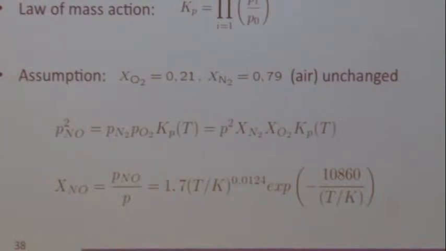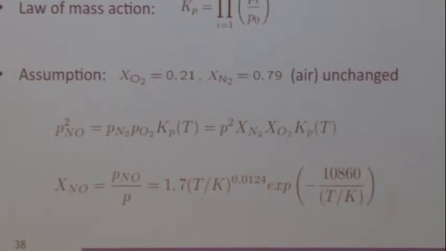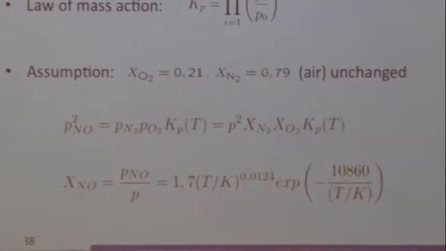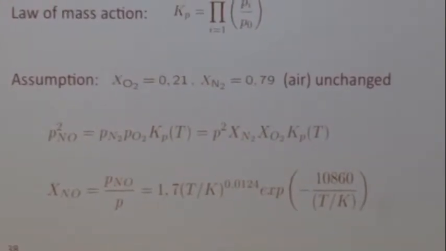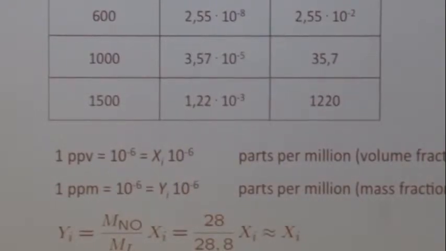And you see it has a very weak temperature dependence here, but a strong temperature dependence here. There's an apparent activation energy, or activation temperature, of 10,000 Kelvin. Everyone knows NO formation has a high activation energy. This is not the kinetic activation energy. This is something that looks like an activation energy, but it tells you really the equilibrium.